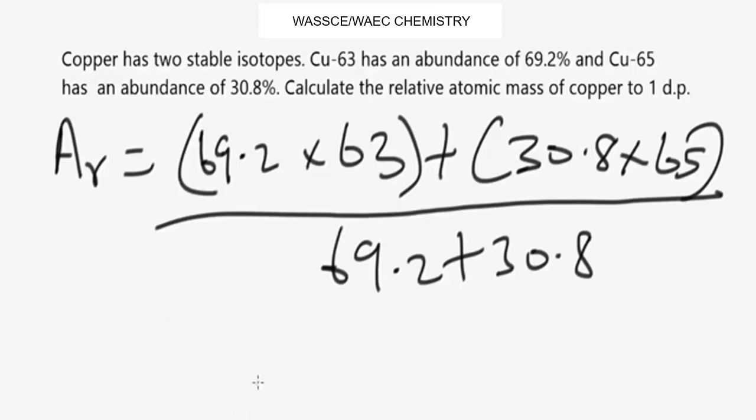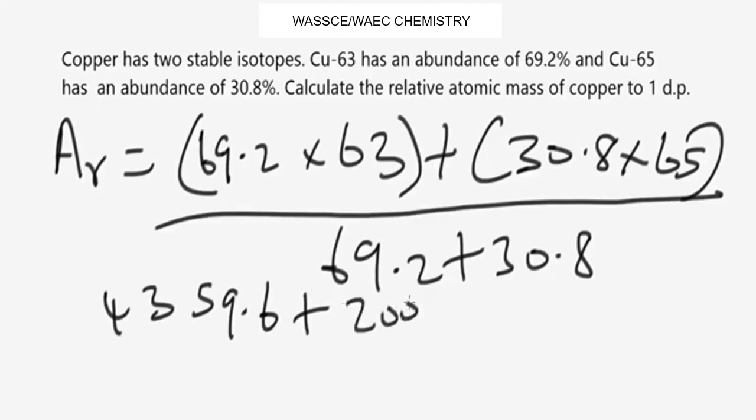When you simplify this on a calculator, let me simplify the numerator. 69.2 times 63 gives 4359.6, plus 30.8 times 65, which gives 2002, over, when you add 69.2 plus 30.8, you get 100.